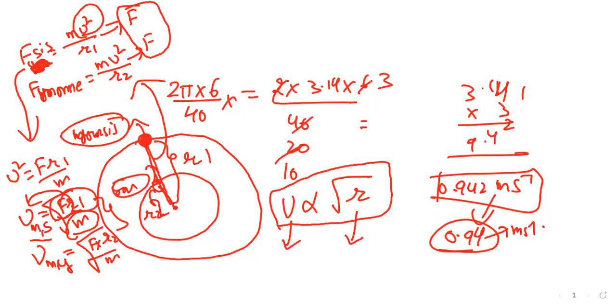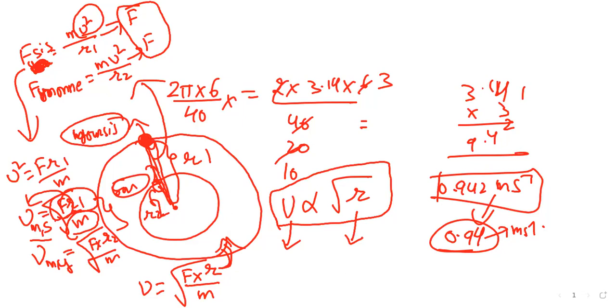Yeah, because we are getting it as the square root of F times r upon m. So if there is more radius, if your sister is farther from you, that means she requires more velocity to adjust to that maximum force she can experience.